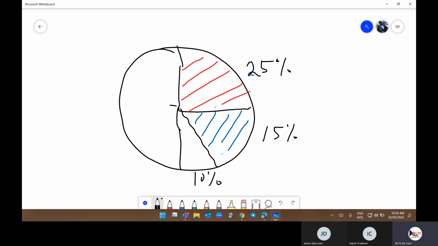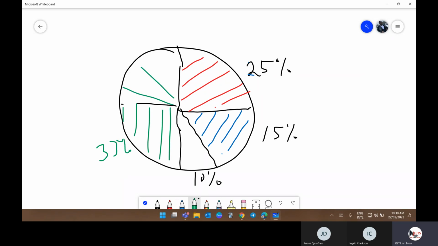Then we have another one here, green. Green is 33%. Then we have some other minor ones, let's say 5%. I'm not really adding it, but in total it should give 100%.